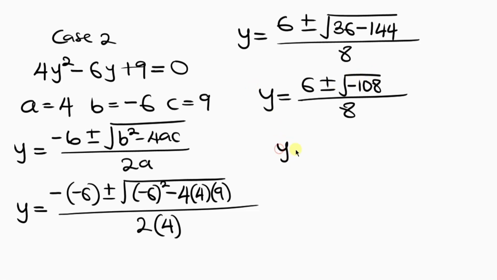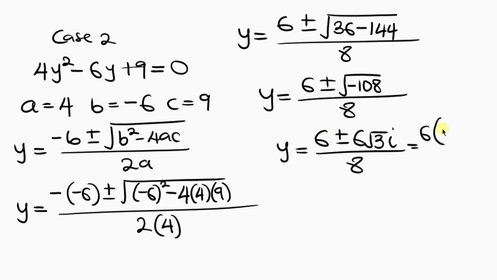So we have y to be 6 plus or minus the square root of negative 108 gives 6 root 3i, all over 8. And then factorizing, 6 is common, so factor out 6, open bracket, 6 divided by 6 is 1, plus or minus, and then 6 root 3i divided by 6 is root 3i. Close bracket, all over 8.